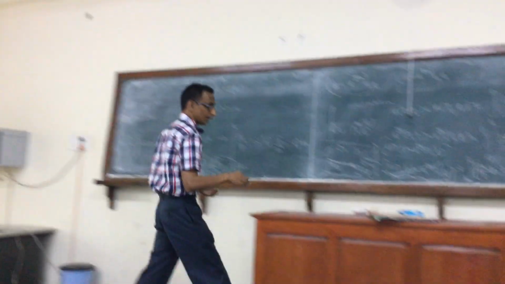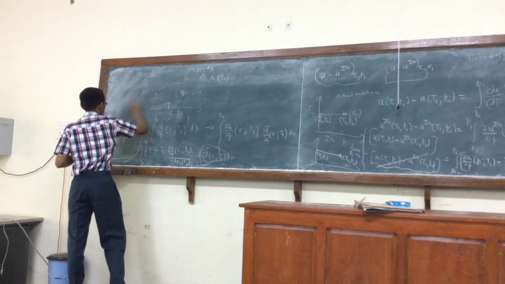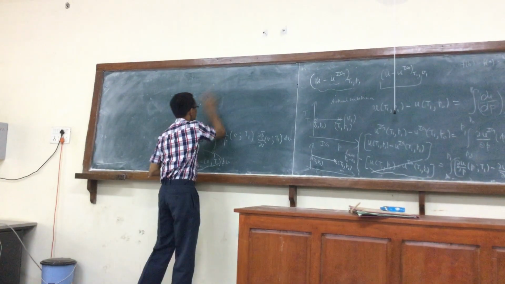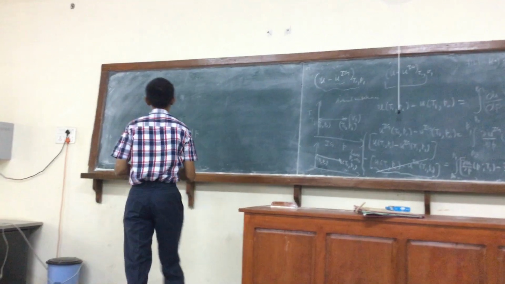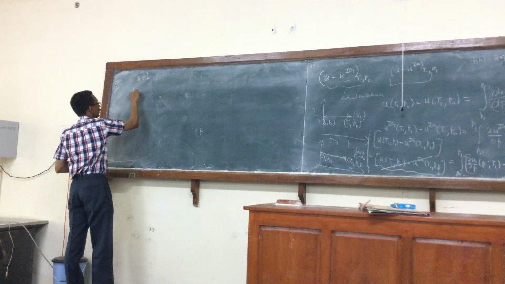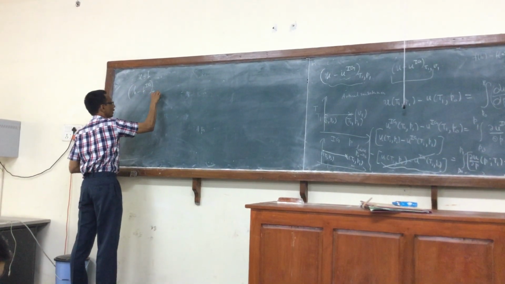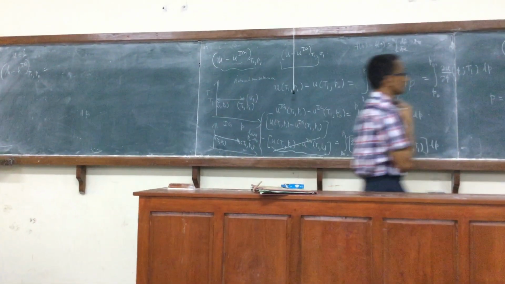So with those ideas in mind, we will now take up a specific example of U equal to H, let's say. Now I want to calculate H minus H ideal gas at T1, V1, right?